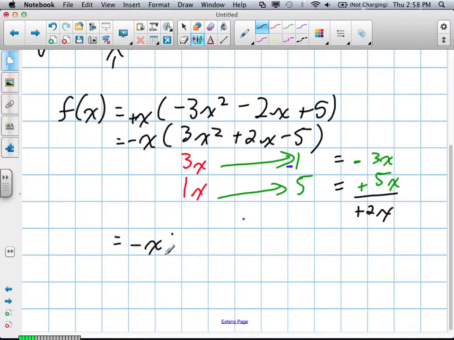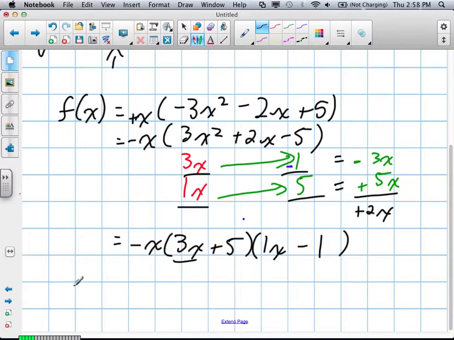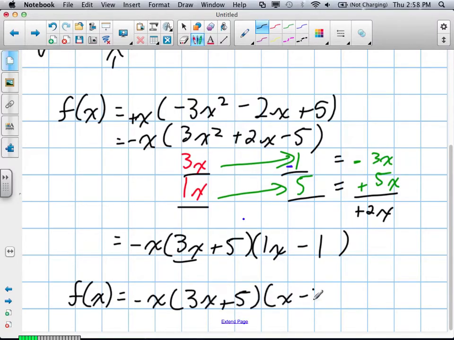So we're left with negative x and our two brackets. In one bracket we put 3x, in the other we put 1x. Because I multiplied 3x by negative 1, and 1x by positive 5, they go in opposite brackets. So our factored form of f of x is equal to negative x, times 3x plus 5, times x minus 1.